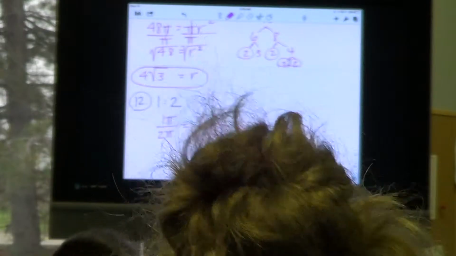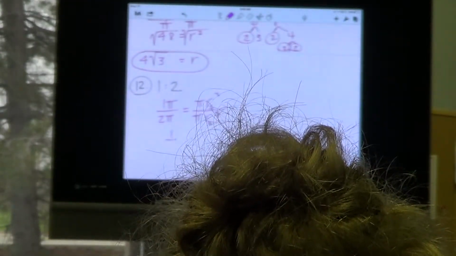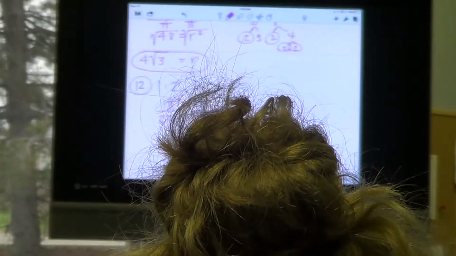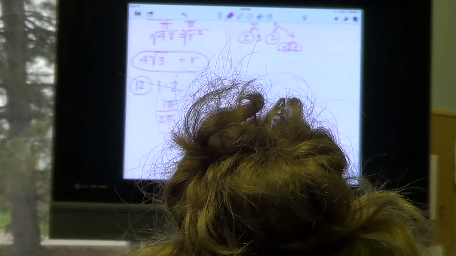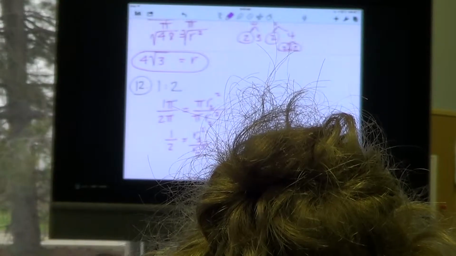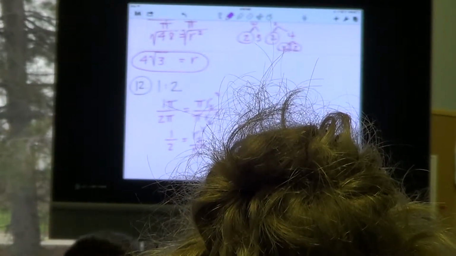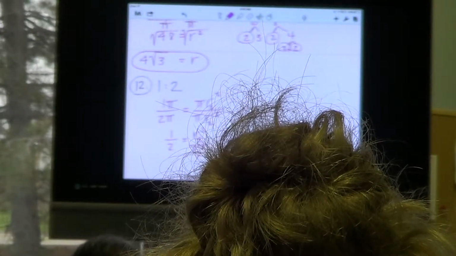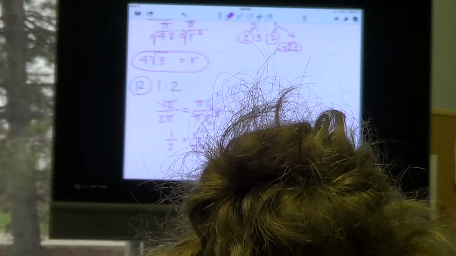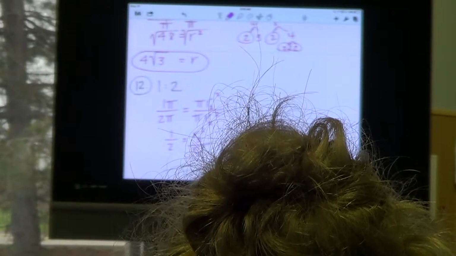So if we divide out all the pi's, we'd have 1/2 equals the first radius squared divided by the second radius squared. This is just sort of to illustrate why this is the case. You wouldn't have to work it out like this every time. But what is going to be the relationship between the radiuses? Or how would we find the ratio of the radii?